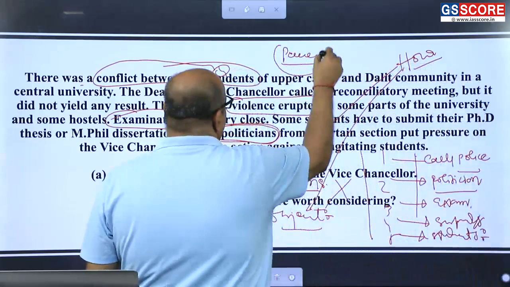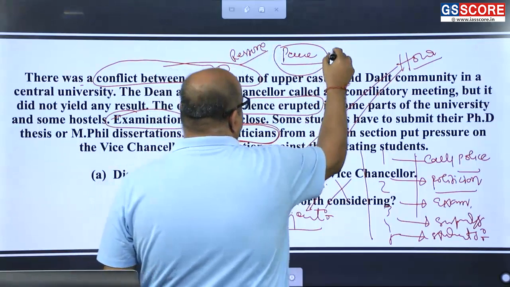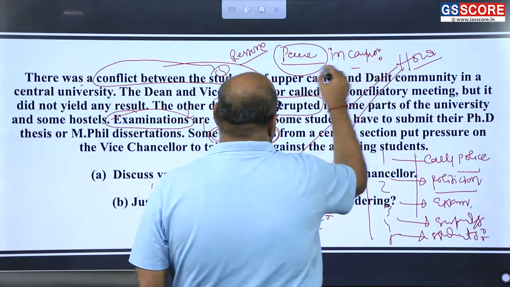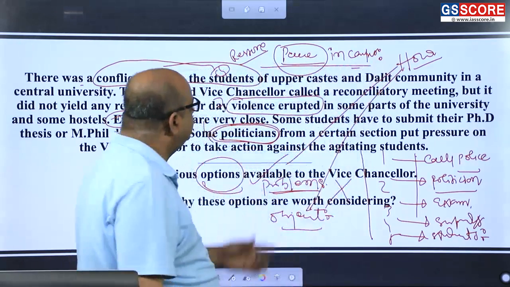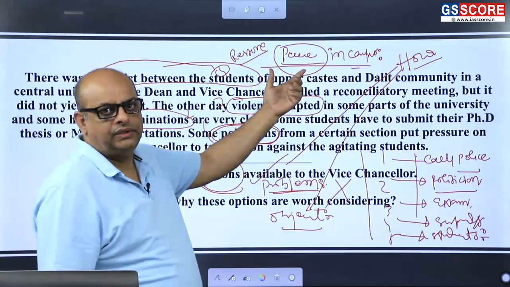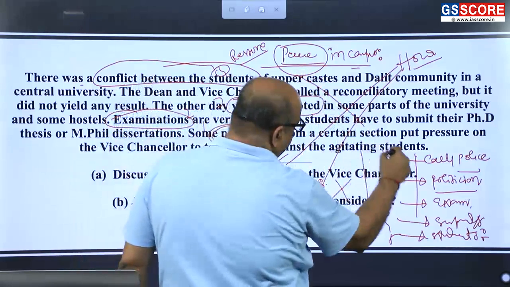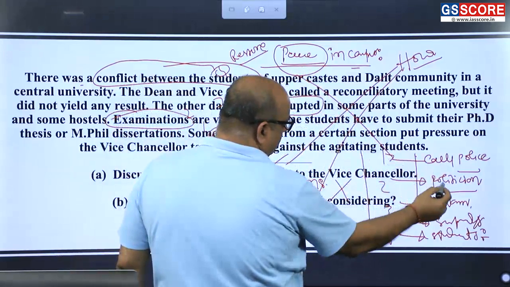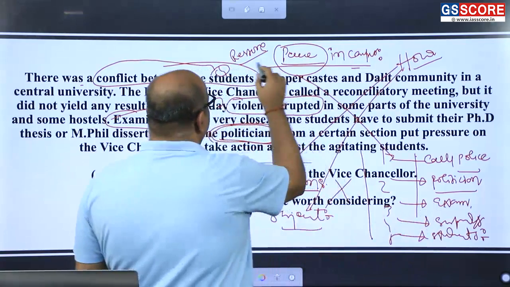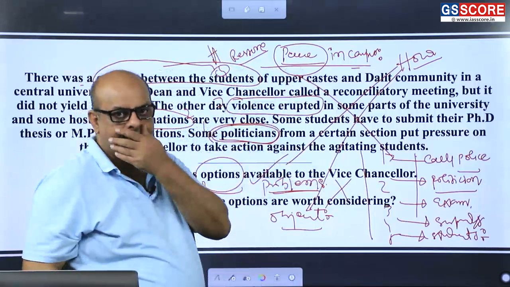If it is to restore peace in campus, if this is your motto, the goal that you want to achieve, this is the final objective, then if you start looking at call police, talk to the politician, postpone exam, talk to the students, do you think these are the options which will help you to restore the peace in the campus?